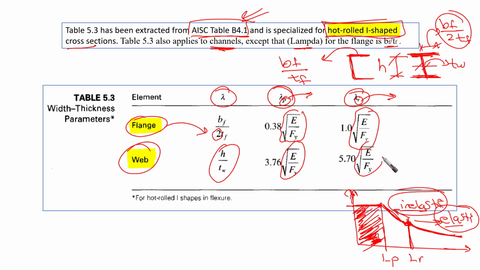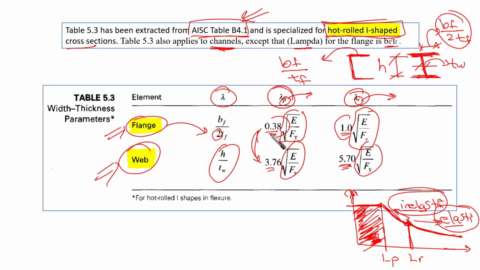One interesting thing: whenever you compare the flange versus web, you're going to find the values in general for the flanges are much less than those for webs. Why this point? Here 0.38 and here 1, here it is 3.75 and here 5.7, almost like 10 times. Web is 10 times.